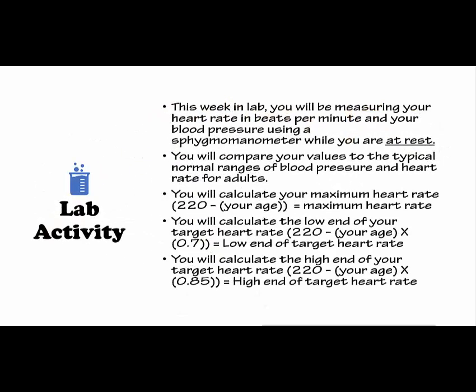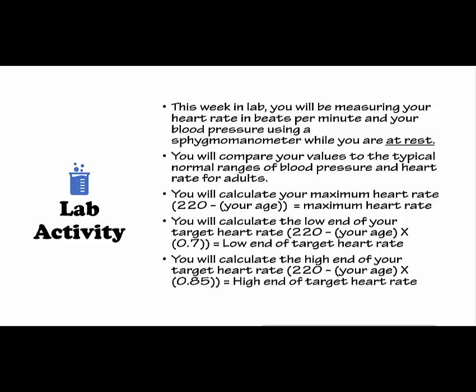This week in lab, you will be measuring your heart rate in beats per minute and your blood pressure using a sphygmomanometer while you are at rest. You will compare your values at rest to the typical normal ranges of blood pressure and heart rates for adults. You will then calculate your maximum heart rate using the following formula.